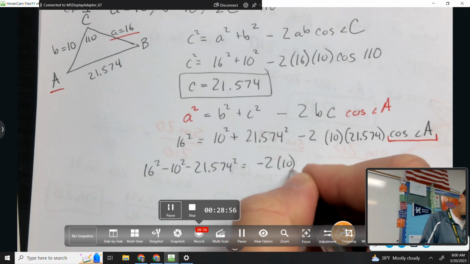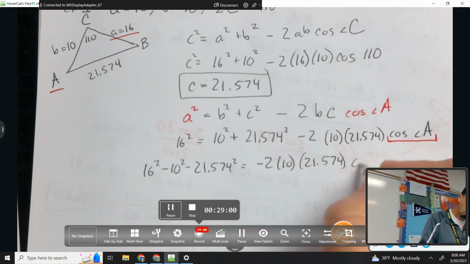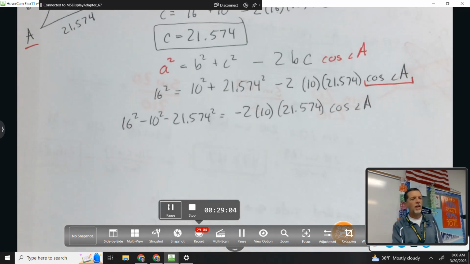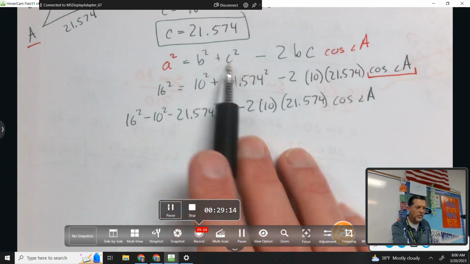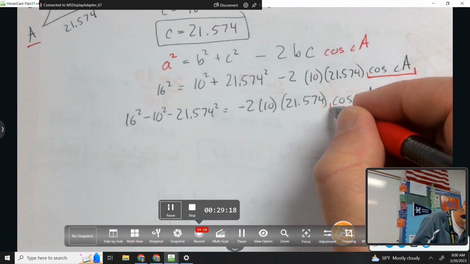But I hope a bunch of you know what we're going to do next. I'll probably stop writing this step after this problem. All right, so subtract over the 10 squared, subtract over the b squared and the c squared. Still trying to get cosine of angle A by itself.